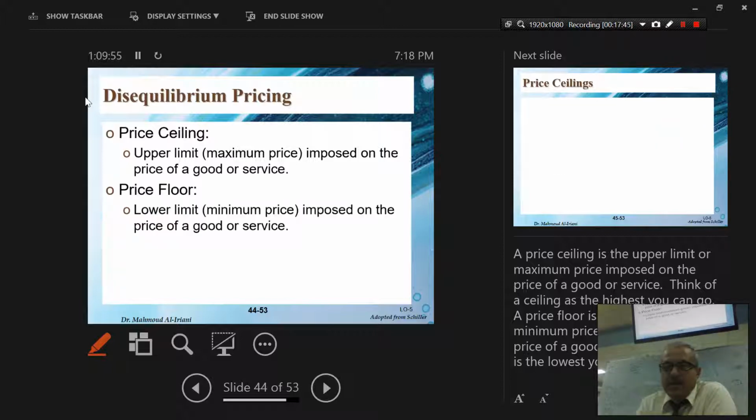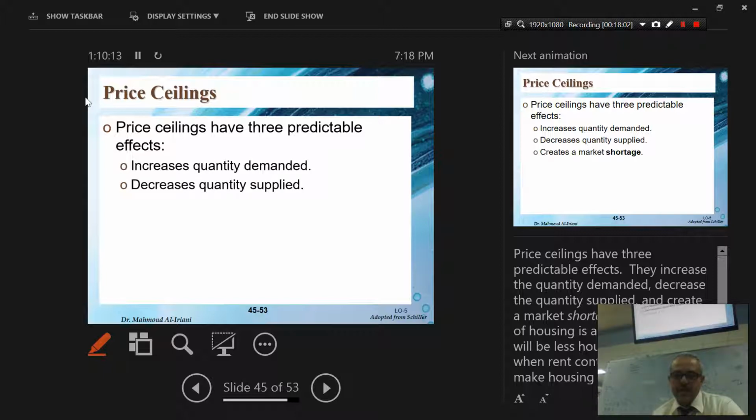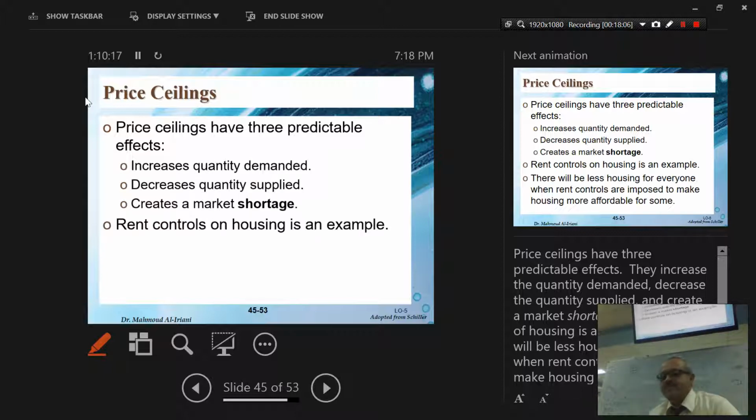It can cause a shortage. Now, price floor means a minimum. An example is minimum wage, a lower limit, a minimum price imposed on the price of a good or a service. Price ceiling has three predictions: increased quantity demanded, decreased quantity supplied, shortage.